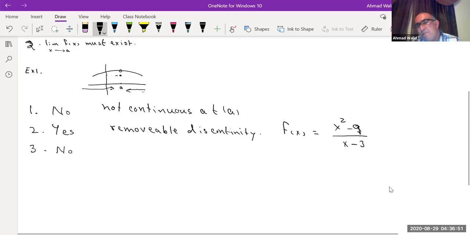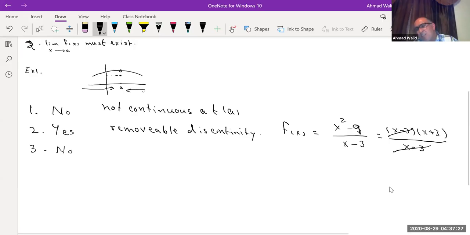If you factor the numerator, you end up with x minus 3 times x plus 3, over x minus 3. You can cancel x minus 3 with x minus 3. When you can cancel, it means you have a hole. If you cannot cancel, it means you have an asymptote. Here, because you cancel, it's a hole.